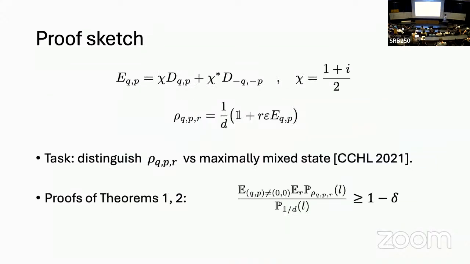Here L is the entire history of such a protocol, and it can even be an adaptive one. And you can show that the total variation distance between the maximally mixed state and a random one of these states doesn't differ enough to statistically distinguish the two. So that's how we show this.